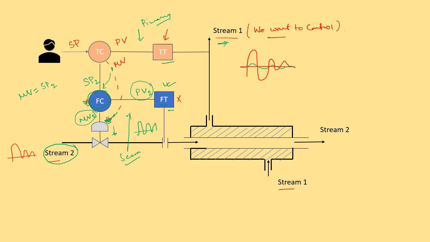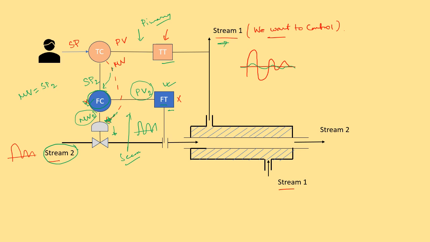The cost of the FT and this controller is much smaller. The only thing is we need to take a closer look at the tuning. How to tune this secondary controller is very important. If the tuning is not proper, right, then there will be some problem.